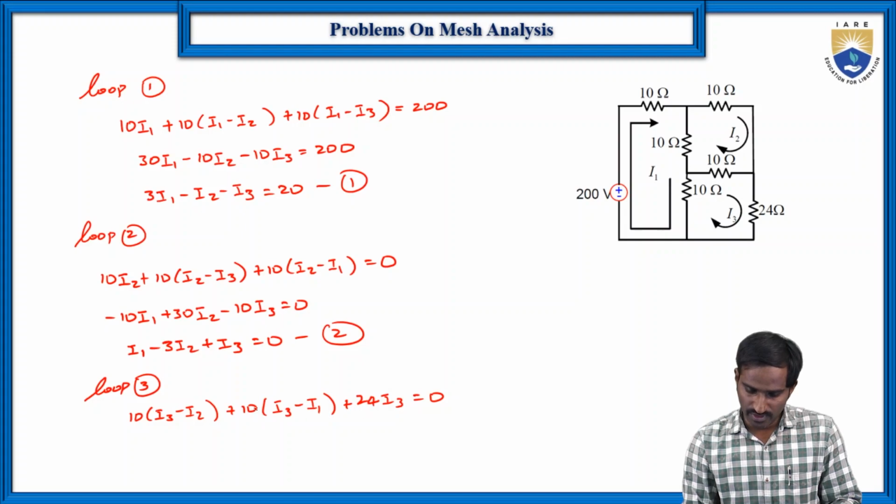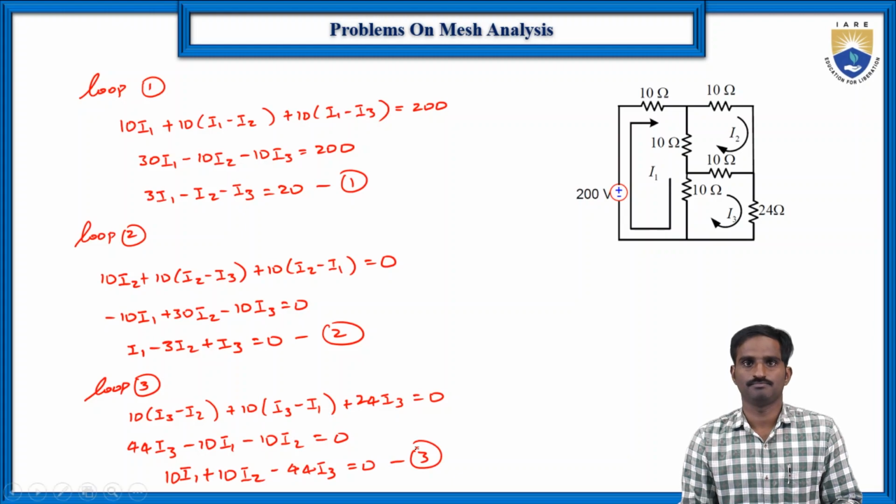Then I3 terms are 24, 34 and 44, so 44 I3 minus 10 I1 and minus 10 I2, which is equal to 0. So finally you will get 10 I1 plus 10 I2 minus 44 I3, which is equal to 0. This is equation number 3.